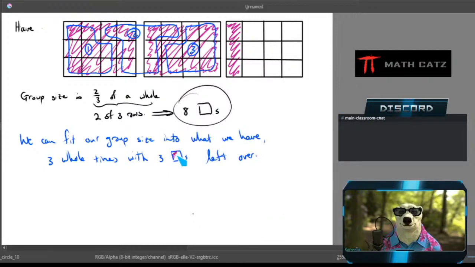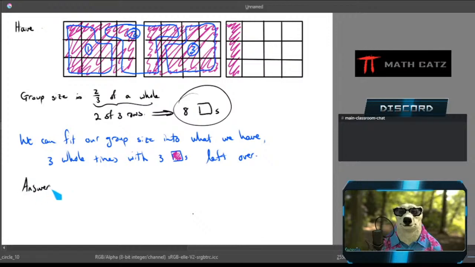And of course, if you did, how many squares did I have? I don't even know. 1, 2, 3 rows. 1, 2, 3, 4, 8, 9. So 27. 27 divided by 8 is 3 with a remainder of 3. But I think this is nicer. Okay, so my answer therefore is going to be, not pink.